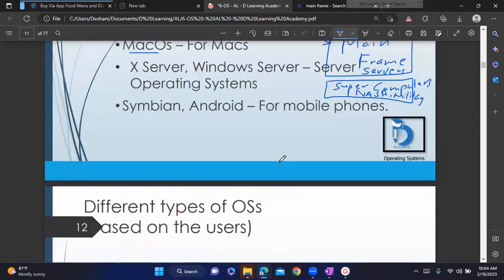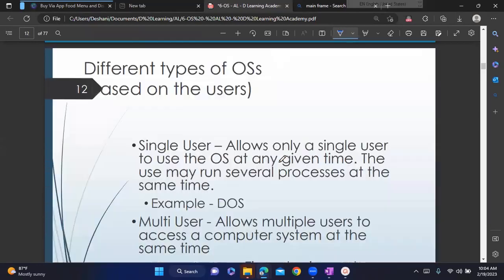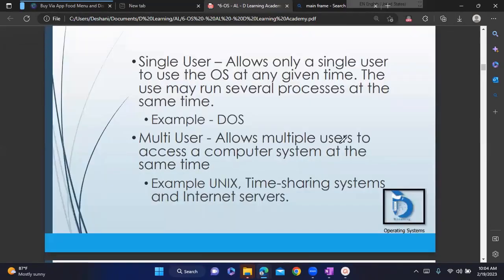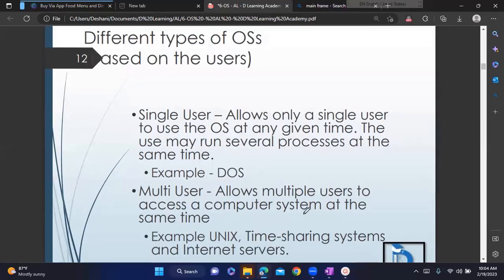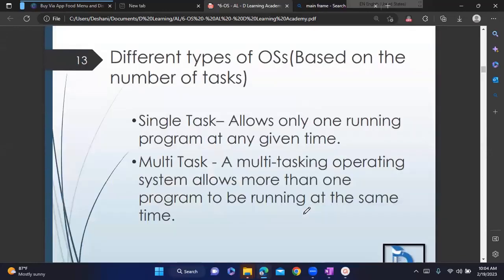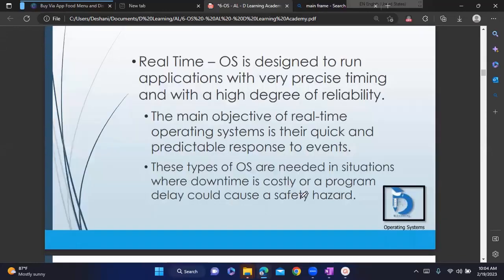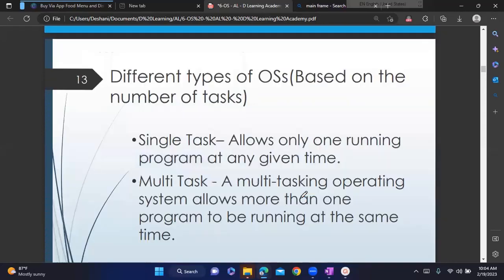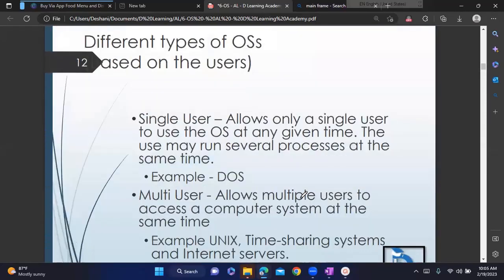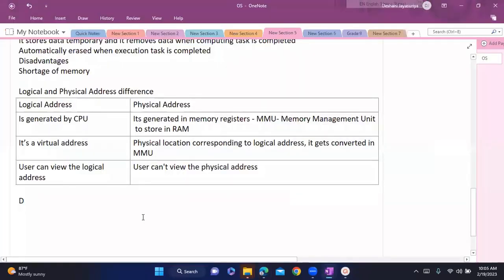Mainframe and supercomputers are multi-user computers where a lot of users can work on a computer on a multi-user platform. That is important. What are real time and these other things? There are different types of OSs based on different platforms. So these are some of them.